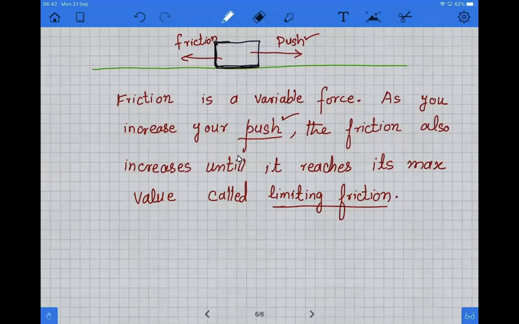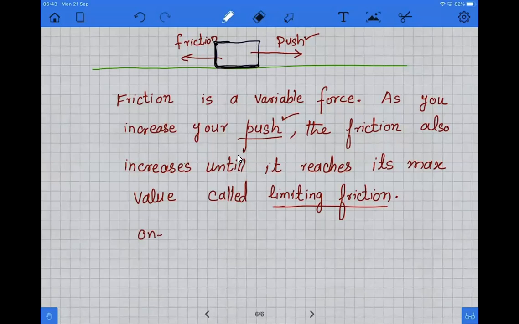So if you increase your forward push, the friction will go on to increase, and when it reaches its maximum value, then after that, if you increase the push further, it is the time when the motion will start, and once the motion is started, the friction will remain constant. It cannot change further.